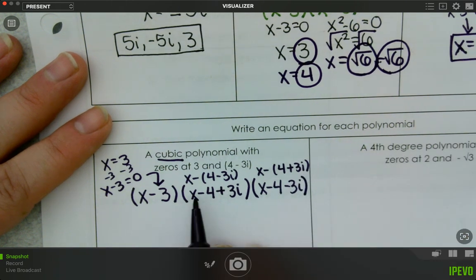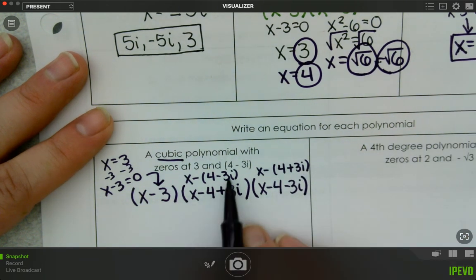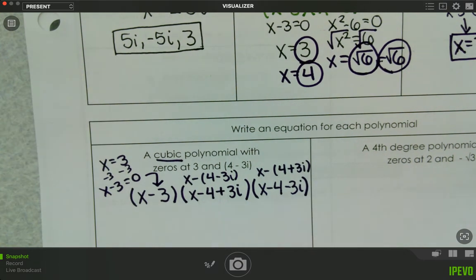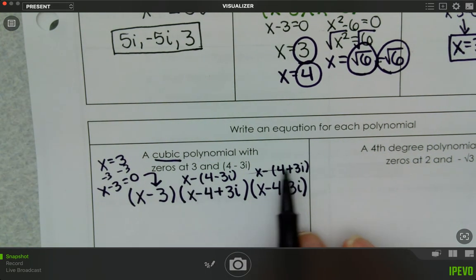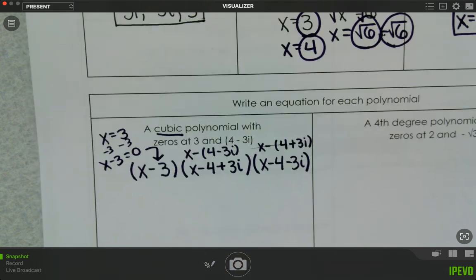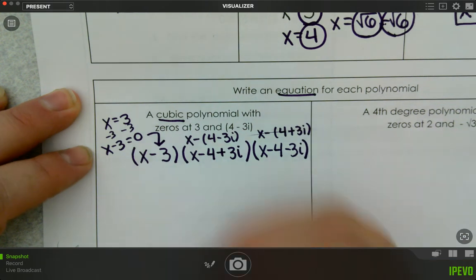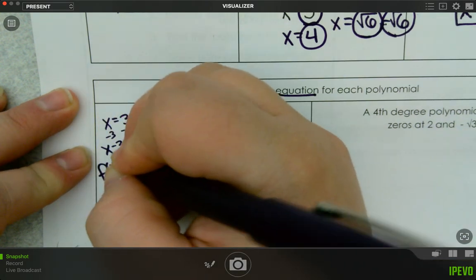What you'll notice is that this ends up being x minus this number and x minus that number, same thing. And then the 3i is going to be plus in one of them, minus in the other one. Because it doesn't matter what order they go in. Sorry, didn't mean to cross through that. And that's your answer. Okay, since you're writing an equation in front, we should put an f of x equals.